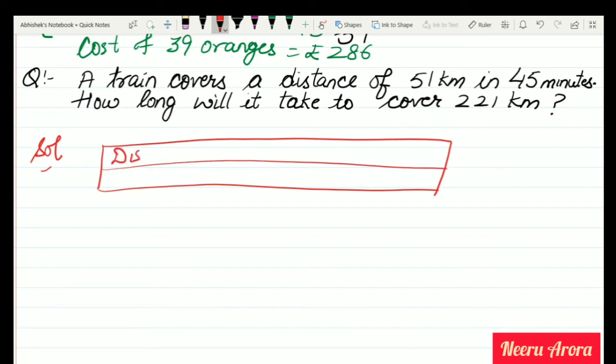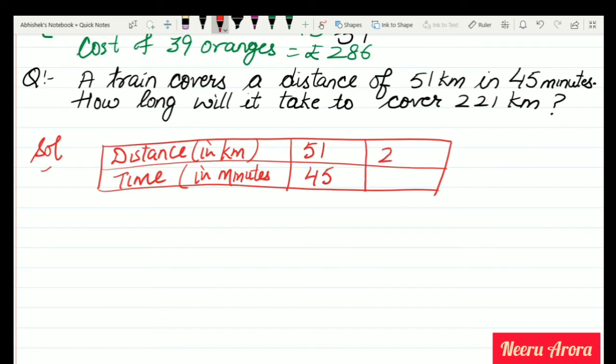Distance covered by train and time taken by train. Distance is in kilometers and time is in minutes. So the train covers 51 km in 45 minutes.